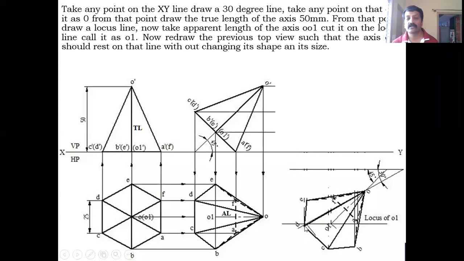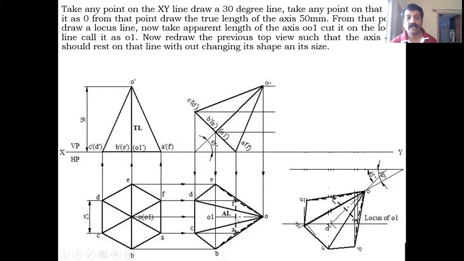So you will get a point somewhere here. Now draw a horizontal line wherever it cuts. This is the locus of the length. After drawing the locus, now take the apparent length O to O1. This is the apparent length.